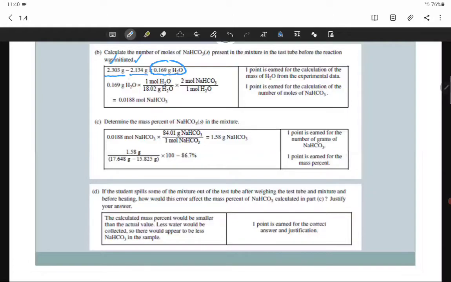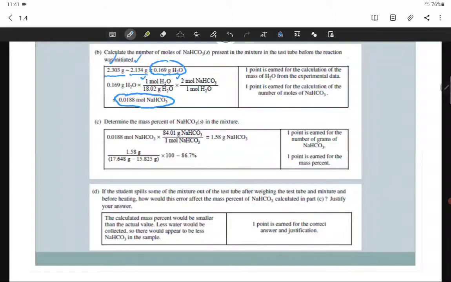And then we converted grams of water to moles of water. And then there in the balanced chemical equation was a 2 to 1 ratio. So we then converted it into moles of sodium bicarbonate. So there is the sodium bicarbonate moles that we originally were present with.